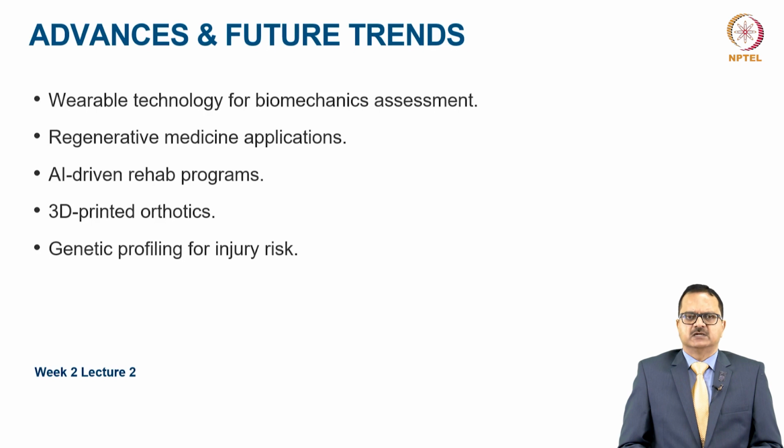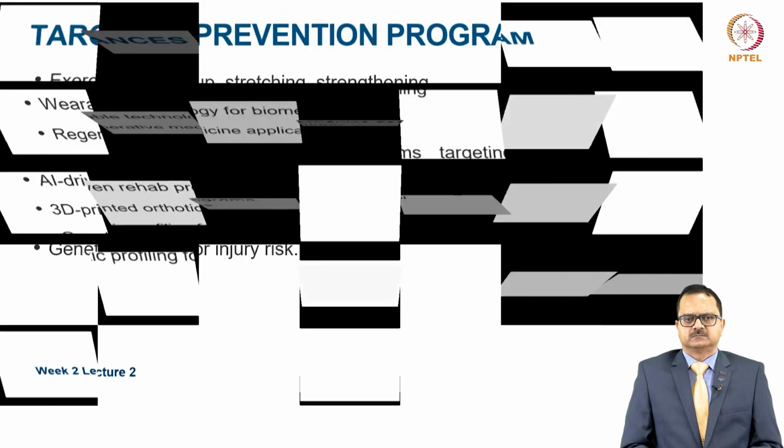The latest trends in orthotics are 3D printed orthotics, which allow you to accurately print the orthotic based upon the athlete's anatomical function. There is a new trend which is coming in called genetic profiling, and it is being used for injury risk prevention.